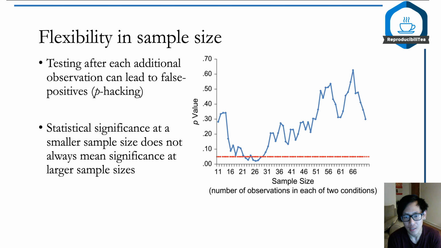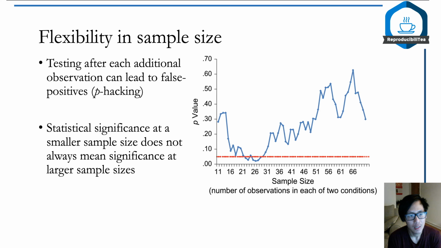P-hacking your sample size to find a significant result. An example of this might be when your p-value is close to 0.05, so it might be 0.052 or described as trending towards significance. So you decide to add a few more participants in the hope that it will drop below that 0.05 threshold so you have a significant effect that you can write into your manuscript.